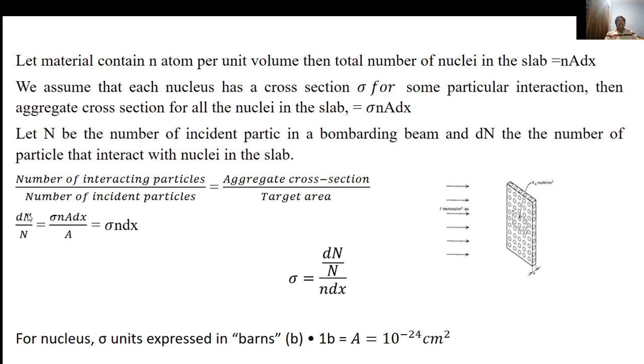Then dN by N is equal to sigma n A dx by A, because the number of interacting particles is dN, the number of incident particles is N, the aggregate cross section is sigma n A dx, and the target area is A. So here A gets cancelled, therefore this becomes sigma n into dx, or sigma is equal to (dN by N) by n dx.